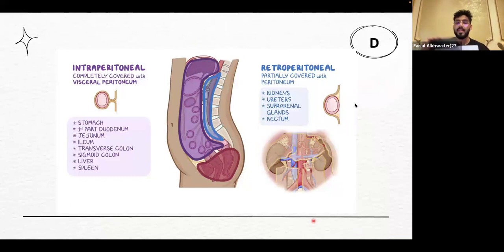I want you guys to imagine that this is an organ, and this is the peritoneum. If the peritoneum wraps all around the organ like this, it's going to be called intraperitoneal because it wraps all around it.